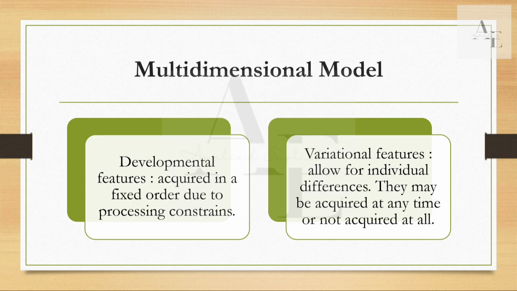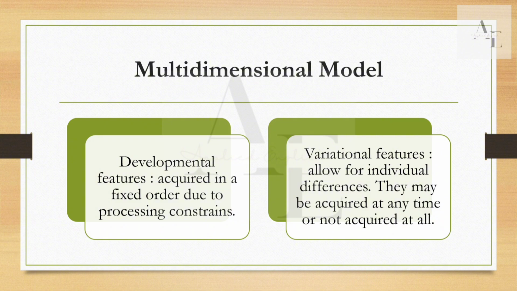Let's start. So we have a multidimensional model. This model suggested that there are 2 types of features in grammar development: developmental features and variational features.